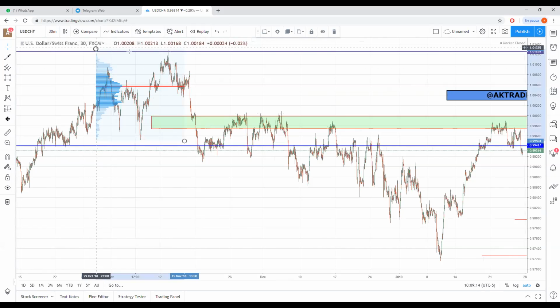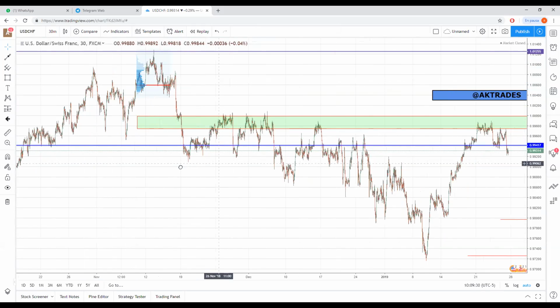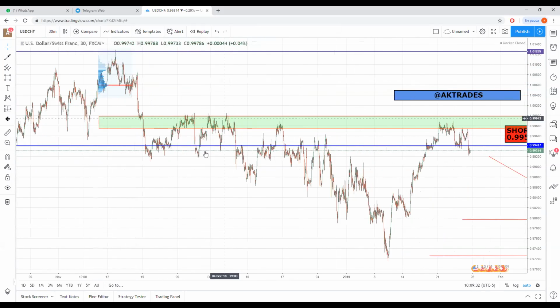This profile could be shorter. You can see it more clearly in the 30-minute chart, and they accumulated their positions around the area that I was talking about, and then this sharp down move. After this down move, another accumulation of selling positions occurred before this big down move.